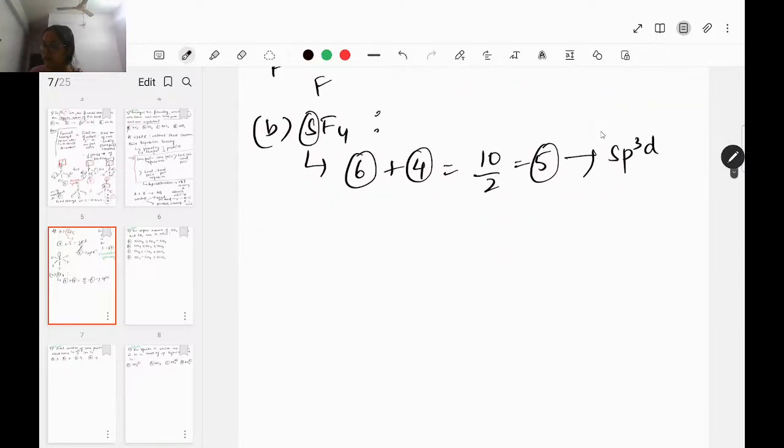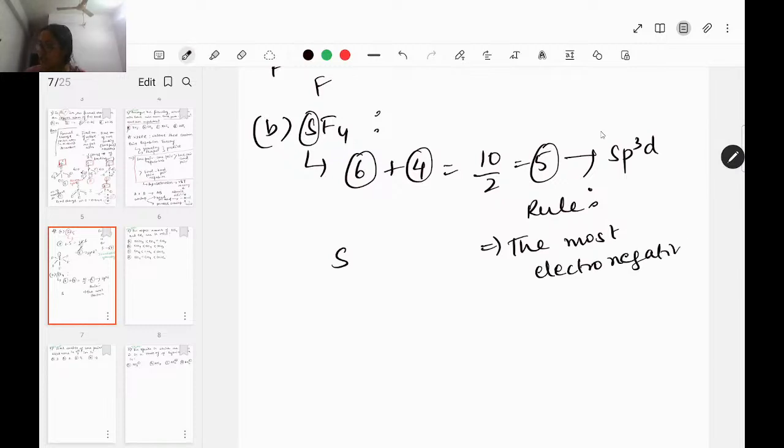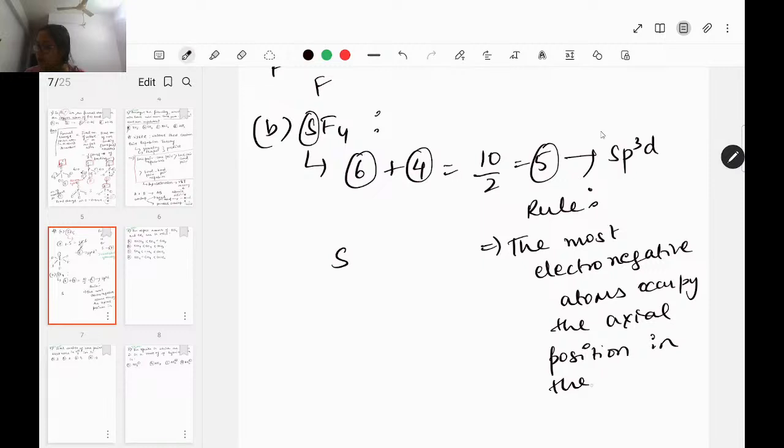Okay, so let us see how it gets formed. Sulfur is in the middle, and there is a very important rule for sp3d orbitals. The important rule over here is that the most electronegative atoms occupy the axial position in the molecule in trigonal bipyramidal, or TBP.